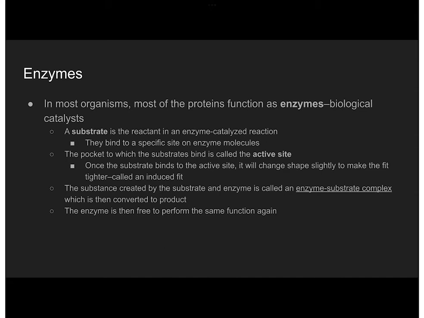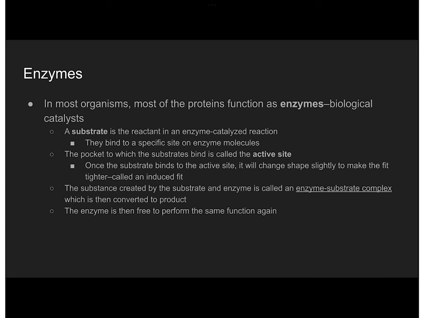A substrate is the reactant or reactants in an enzyme catalyzed reaction, and they will bind to a specific site on the enzyme known as the active site. Once that substrate binds to that active site, the active site will conform to that shape to make it fit tighter, which is called an induced fit.